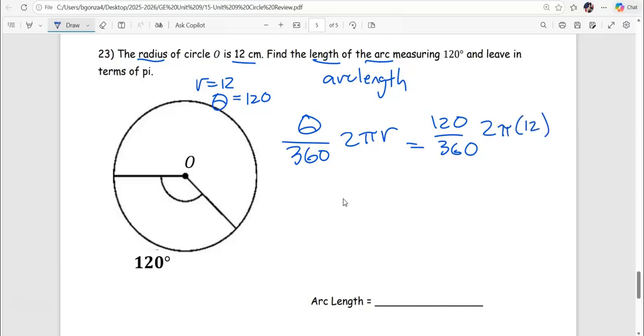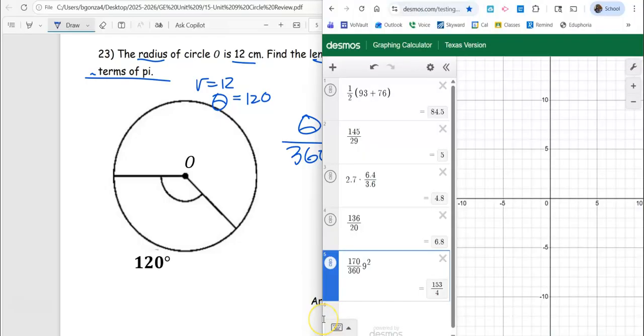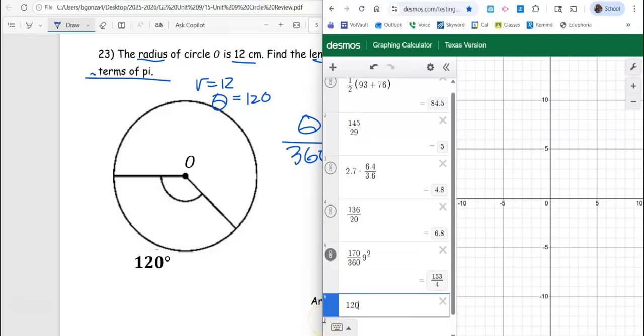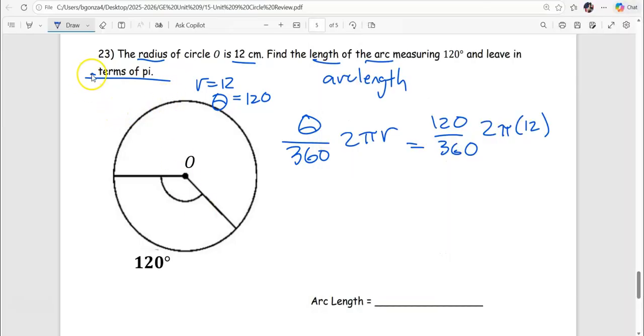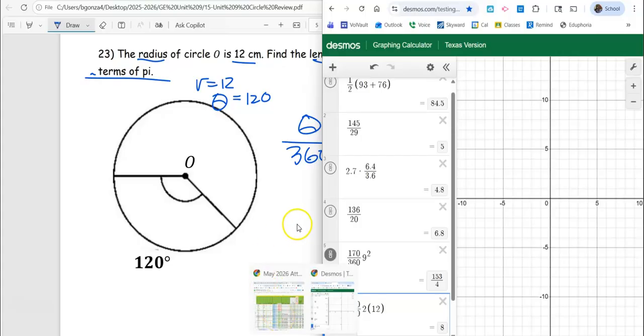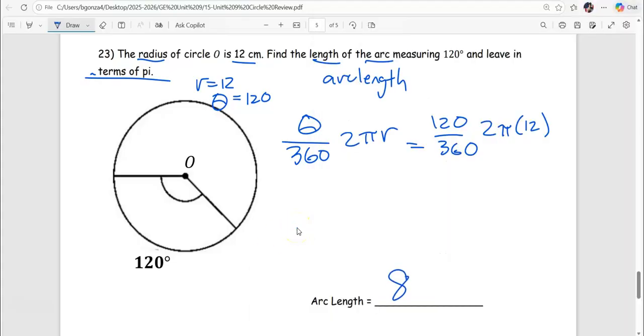Okay, we're going to leave it in terms of pi. I'm not going to multiply the pi, I'm going to write the pi. 2 times 12, and I get 8. Since I didn't type the pi, I'm going to write pi in my answer. 8 pi.